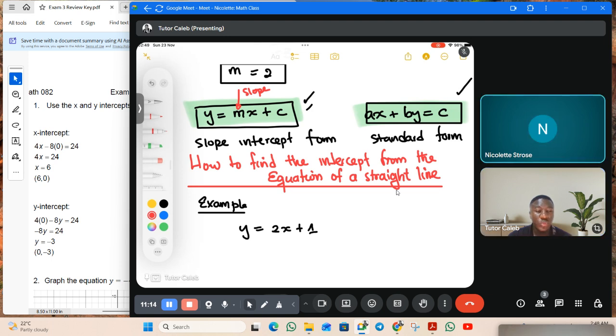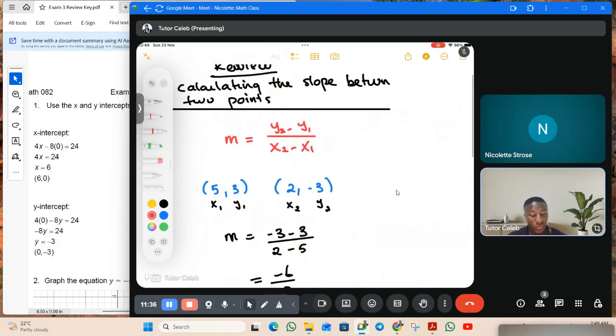No. We said the slope is the degree of inclination of a line, or how much a line is slanted. We did that just today. Yes, this is what I did even here to review. What I was calculating here was the slope.